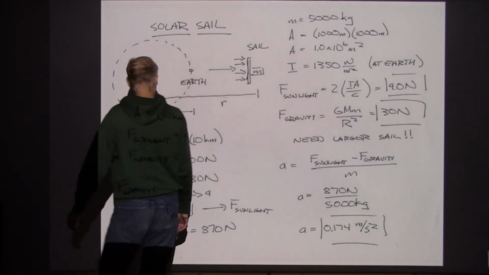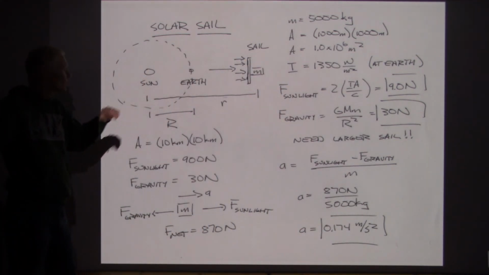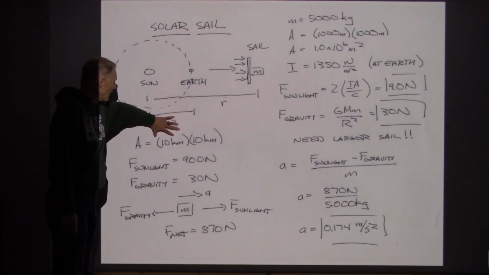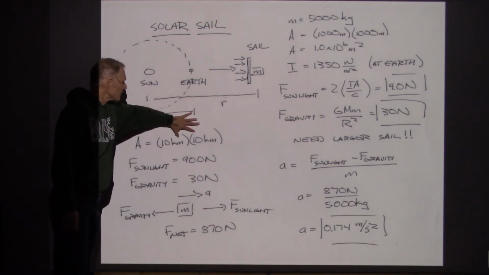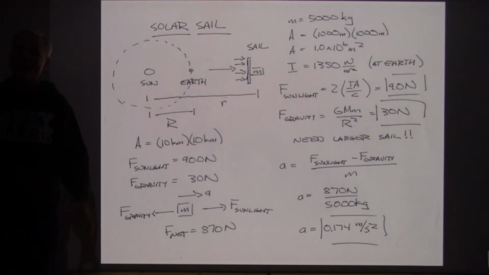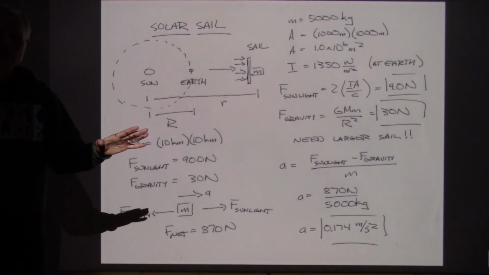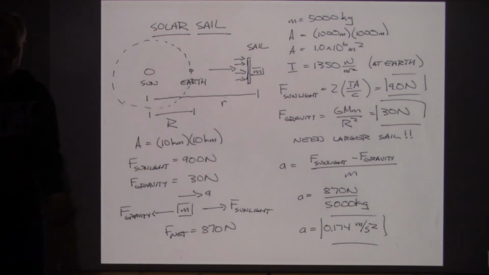So I said, let's make this sail 100 times bigger. So I made the sail 10 kilometers by 10 kilometers. Now remember, we have to be able to unfurl this sail, and we have to have a rigid structure where we can maintain the shape of the sail.